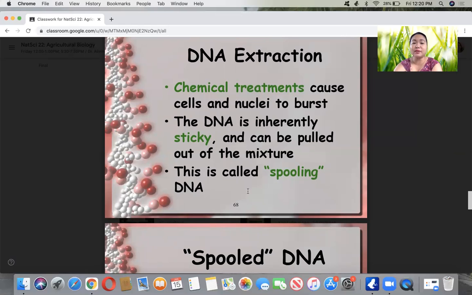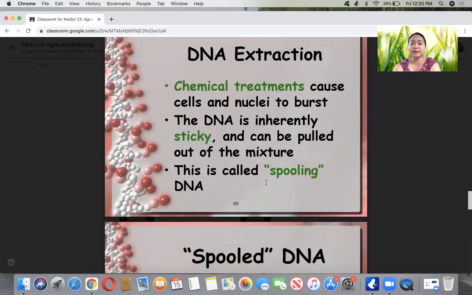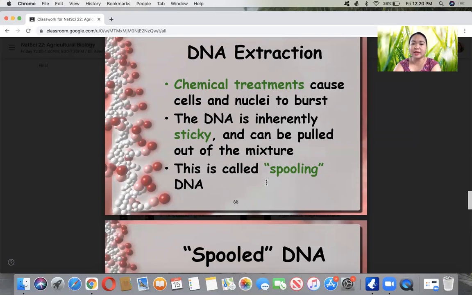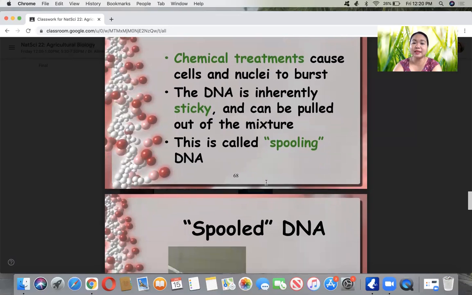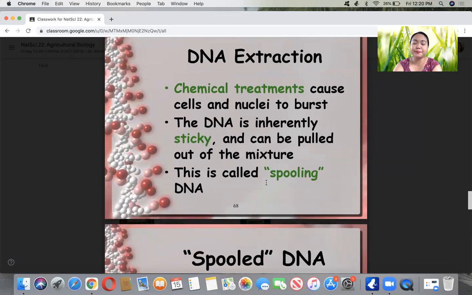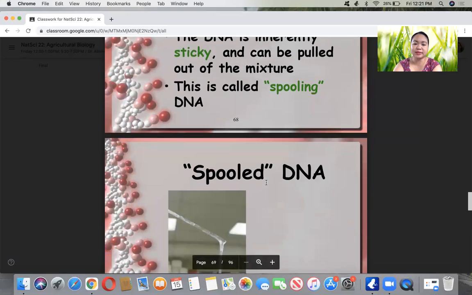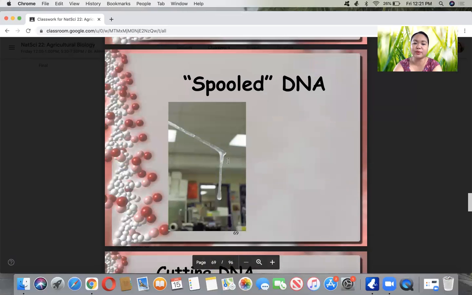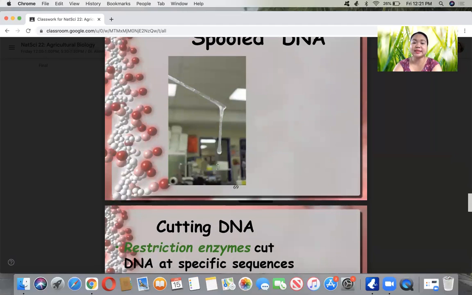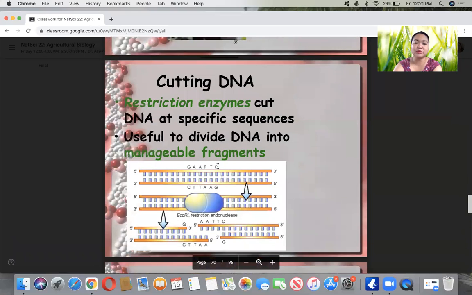In one of your laboratory exercises, you will do DNA extraction, with methods using household and plant source ingredients. This is now the photo of your spooled DNA that you would be able to see after your laboratory exercise.